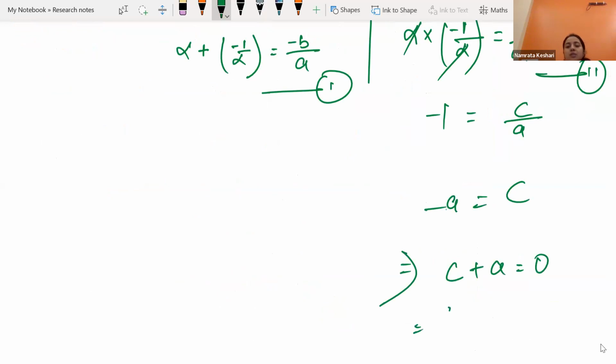Basically you will be getting the same thing, c plus a is equal to 0. We just needed to find the relation between a and c, and this is the relation between a and c, or this one is also a relation between a and c. Everyone, are you getting it?